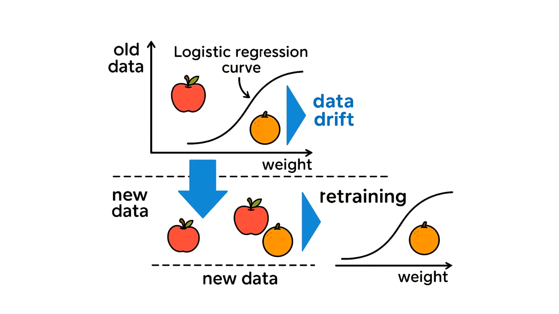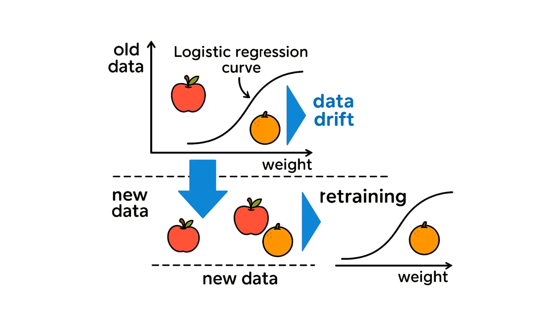But when new data appears, over time we start receiving new fruit data. Maybe the apples of this season are heavier or the oranges are smoother than before. These changes are subtle, but the model has not seen this kind of data before, so its predictions start becoming wrong. The model continues predicting based on old rules.